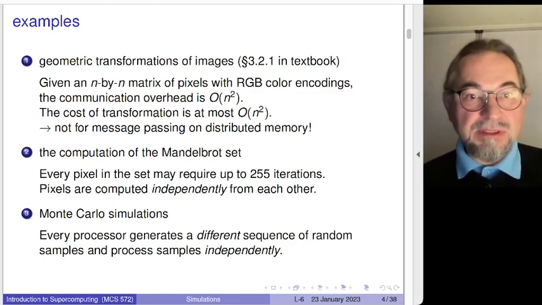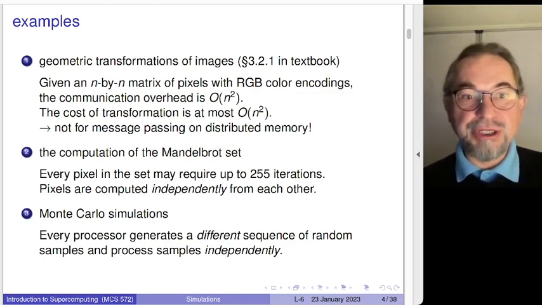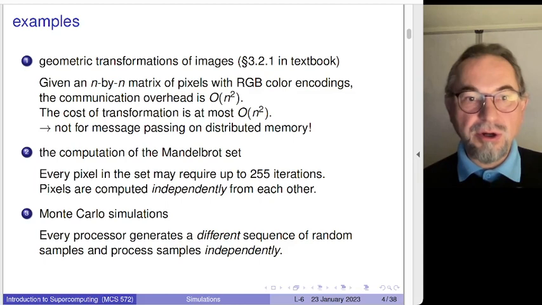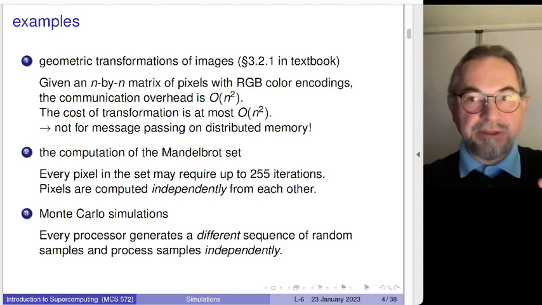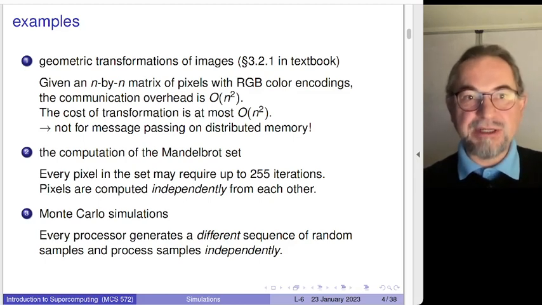Another example is the computation of fractal images, so the Mandelbrot set. One has an image where the image encodes the number of iterations that is needed to either converge or diverge.